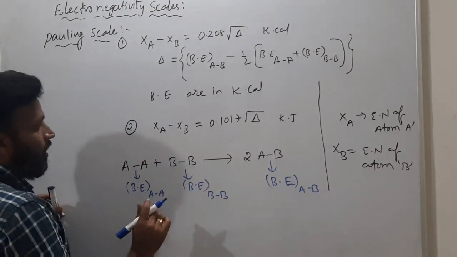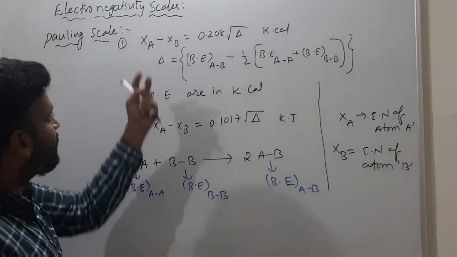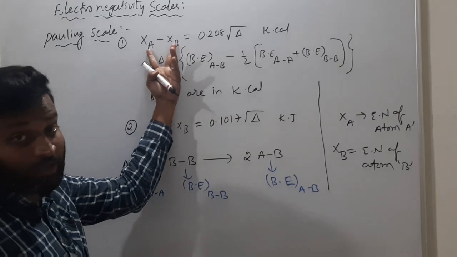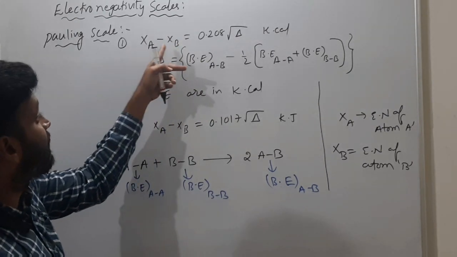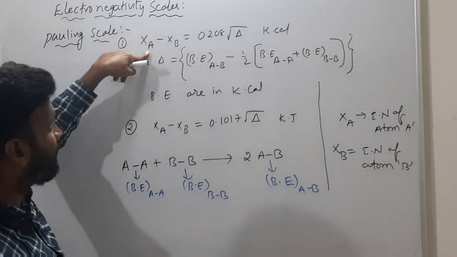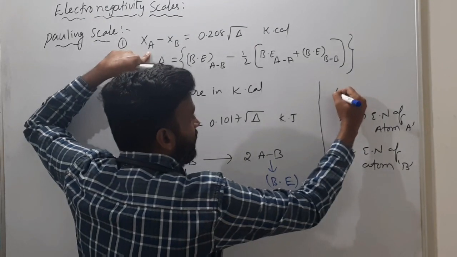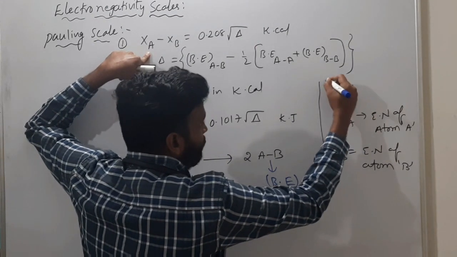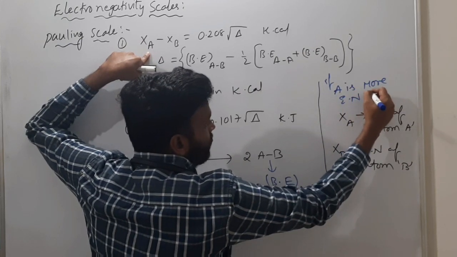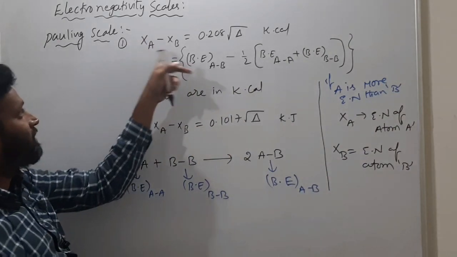So what did Pauling give? He gave electronegativity differences, XA minus XB. Whoever is more electronegative we write first. Suppose A is more electronegative than B, then we take XA minus XB.